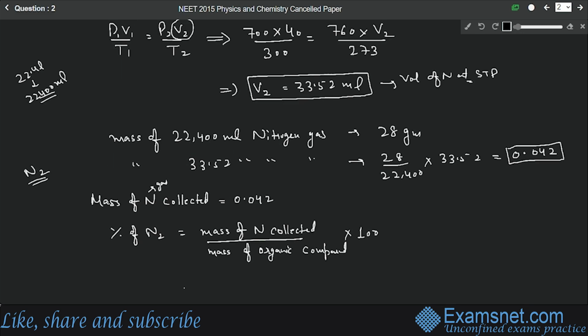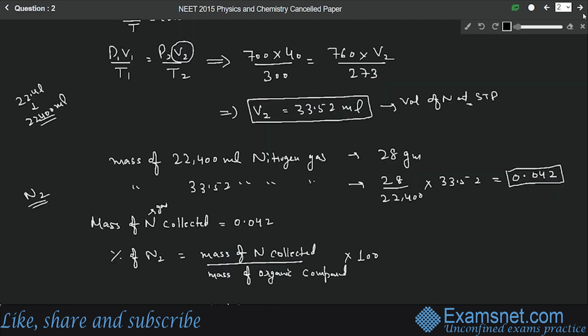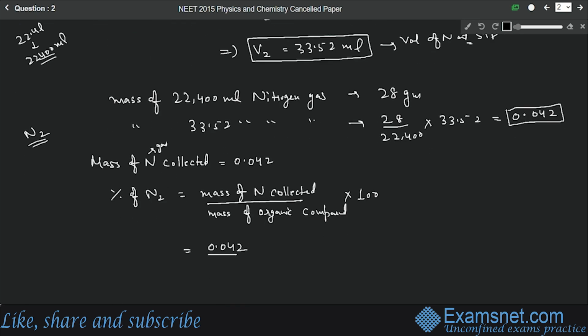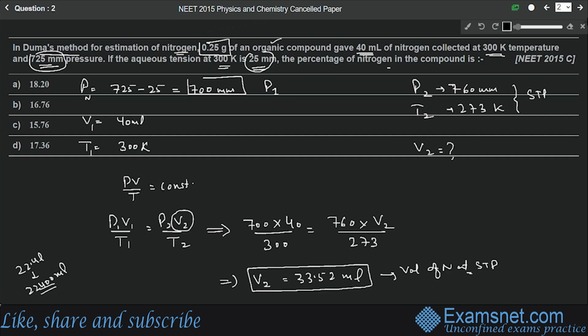Mass of nitrogen collected is 0.042. The mass of the organic compound is 0.25 grams. So if you solve this, you'll get 16.76%. This is the percentage of nitrogen. That means option B will be the correct answer.